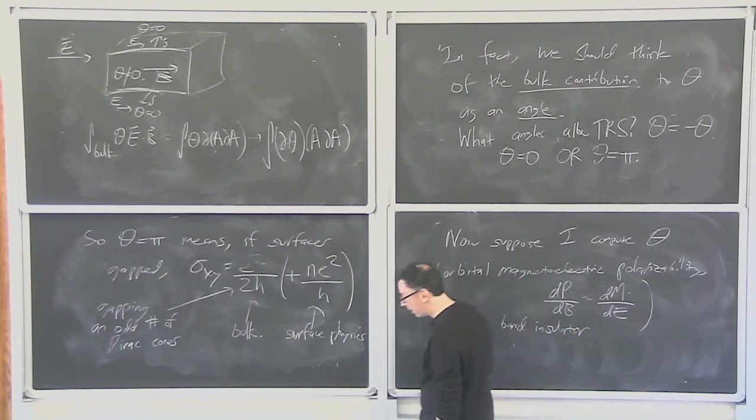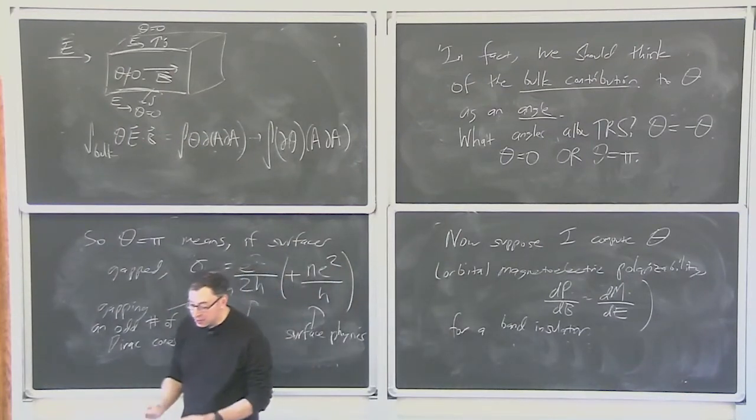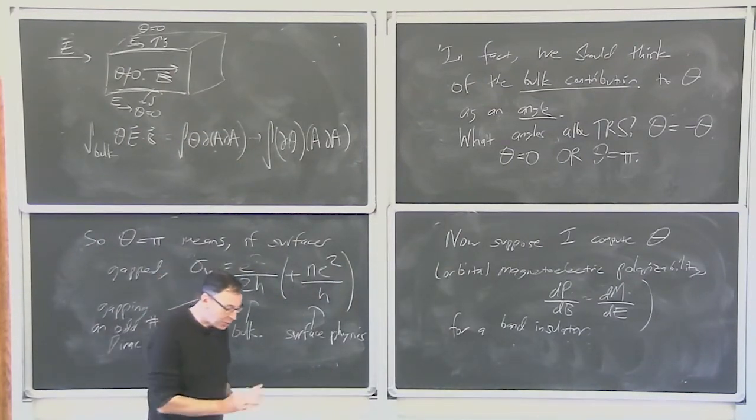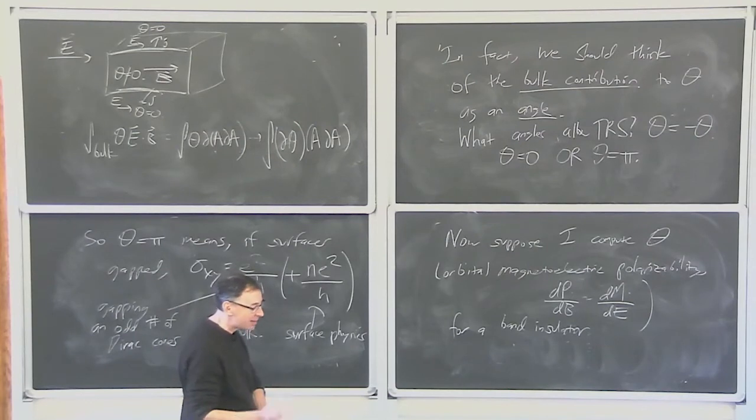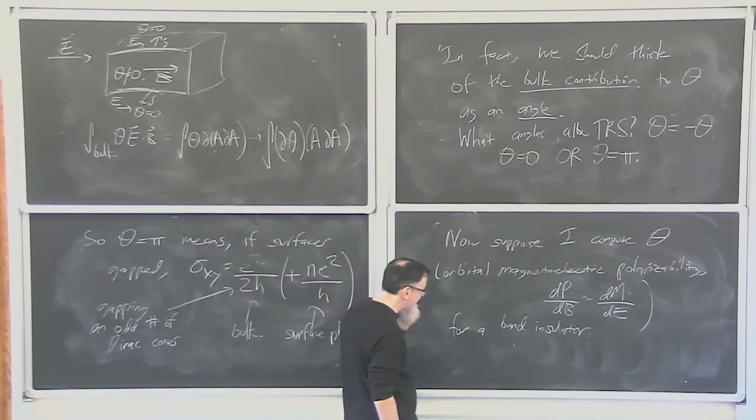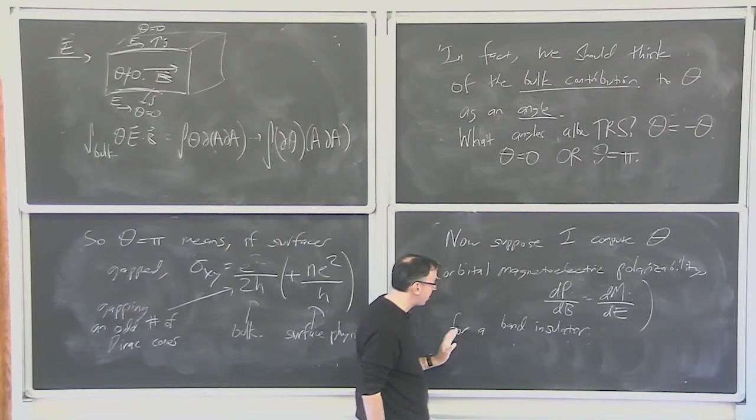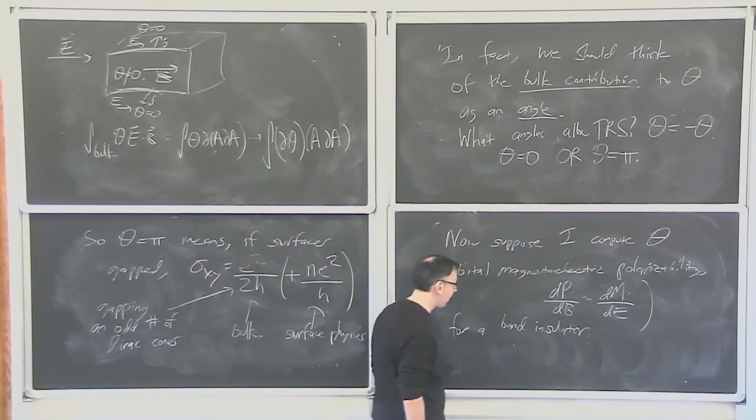And here, in general, it's not as good as TKNN. You get both a geometric part and you get a messy part, which has energy denominators and so on. But if you have time reversal symmetry, then you only get the geometric part. So I'm just going to focus on the geometric part.